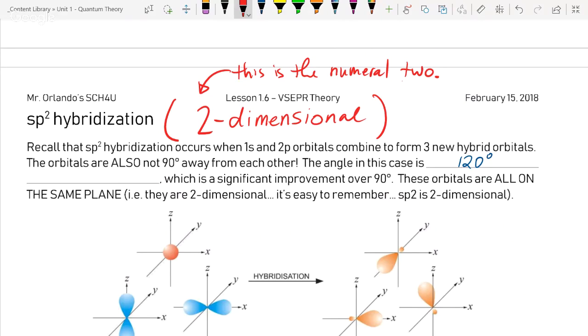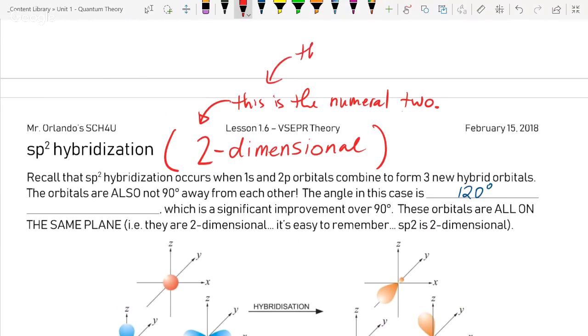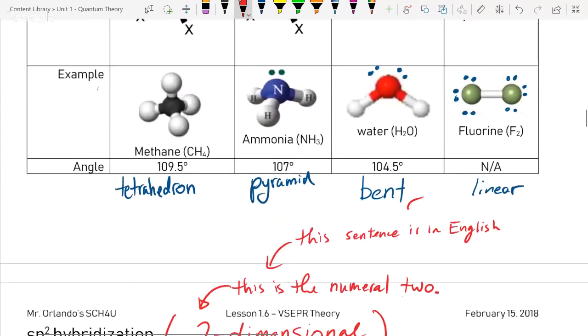Does anyone have any questions about that? I didn't know we were learning German. What language is that? Okay. Any questions?